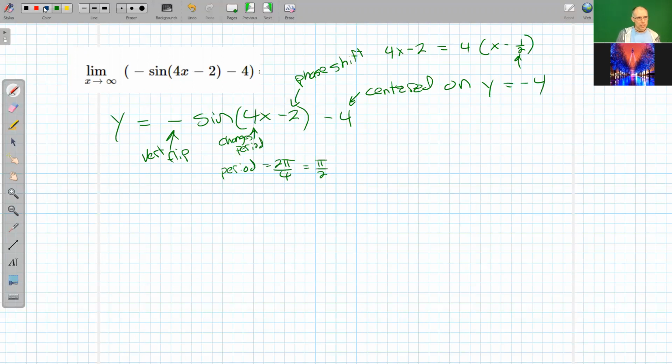Now, thinking about the sine in general, some things we know about the sine of x, forget about all those transformations, is that it oscillates between -1 and 1. And the negative just flips that, which really doesn't change anything. This is just horizontal movement. That doesn't change this right here because the sine here I'm thinking about as a y value. This stuff doesn't affect the y values, only the x's. But this does matter.